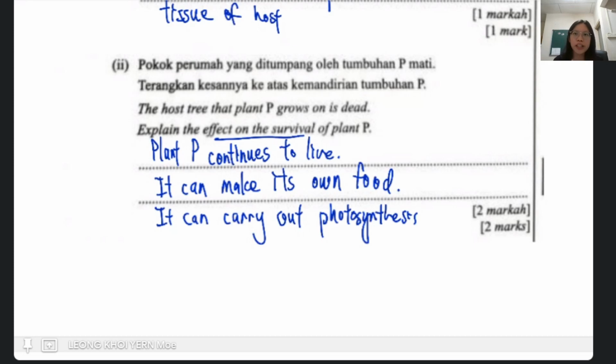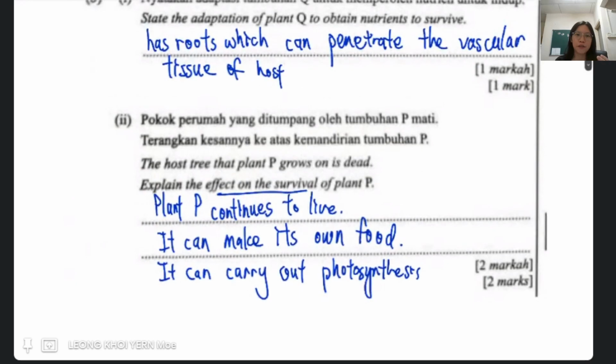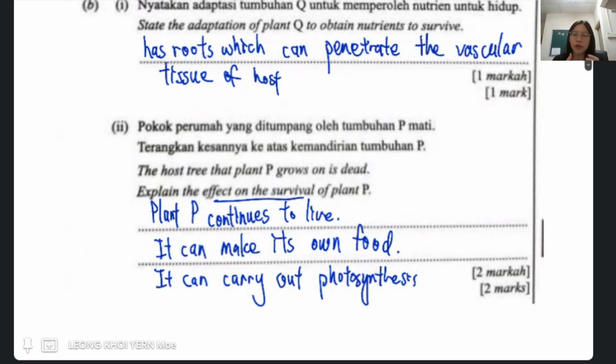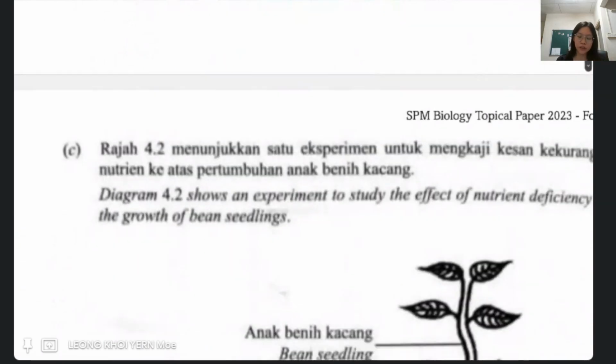So when the host dies, they are not able to get the nutrients from the specific host. Unless they are really very lucky and there is another host nearby, then yeah. But most probably you die. Okay, yeah, if the host is dead.